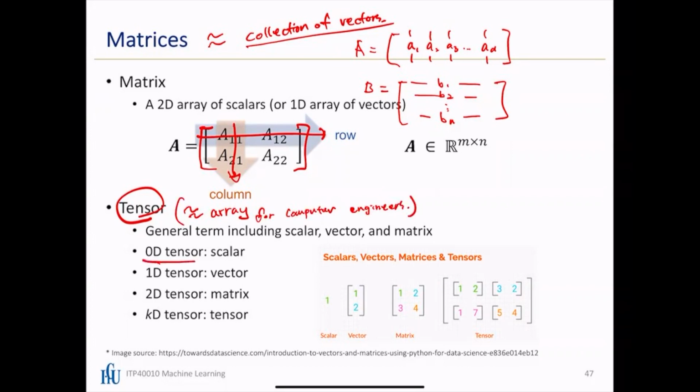A zero-dimensional tensor is a scalar, a one-dimensional tensor is a vector, a two-dimensional tensor is a matrix, and there is a k-dimensional tensor that could be just called a tensor, and their visualization is given like this. So if you come across this vocabulary tensor, you don't need to be afraid.